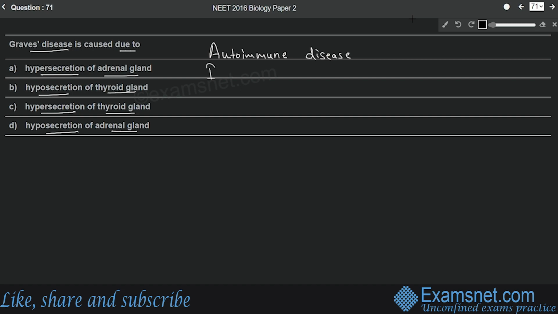In Graves' disease the immune system attacks the thyroid gland of the body, causing it to make more thyroid hormones than the body needs. So it leads to overproduction of the thyroid hormones.